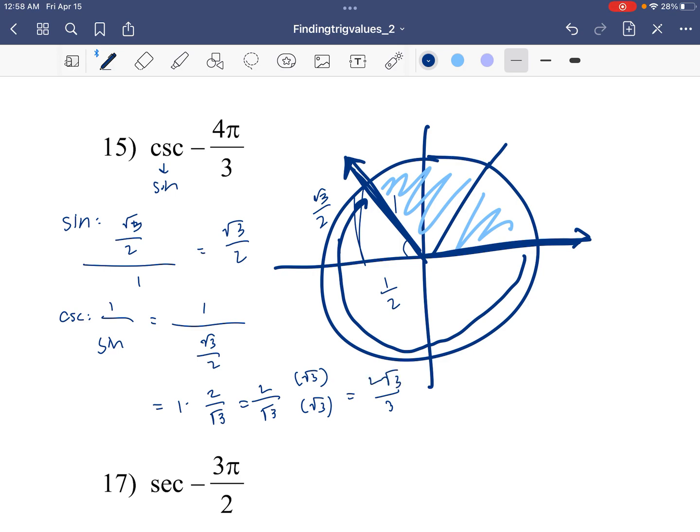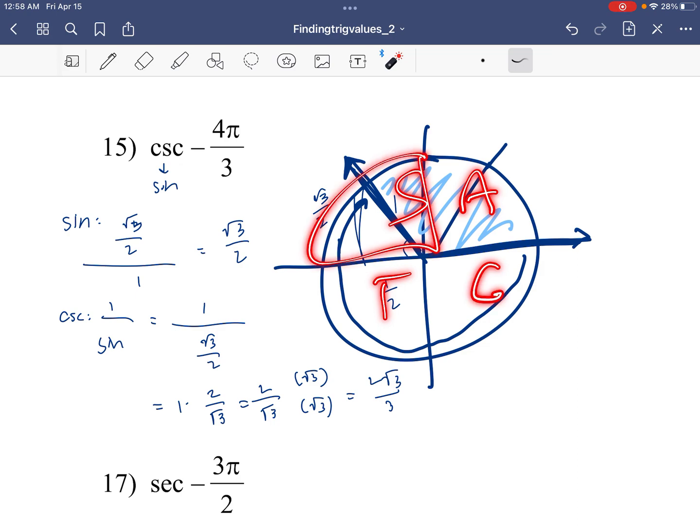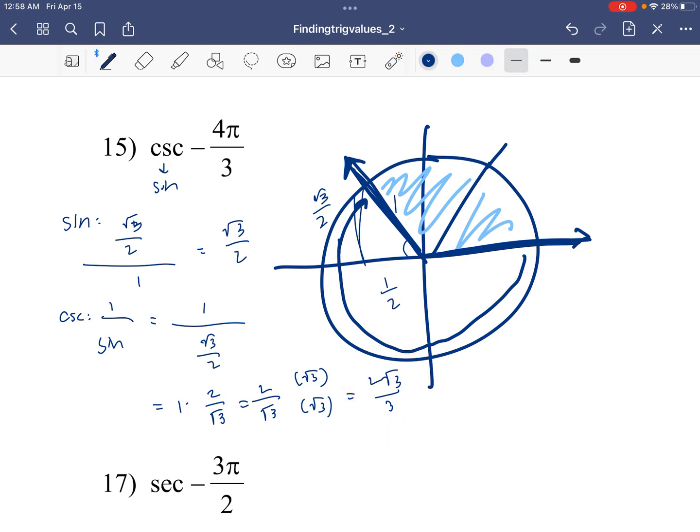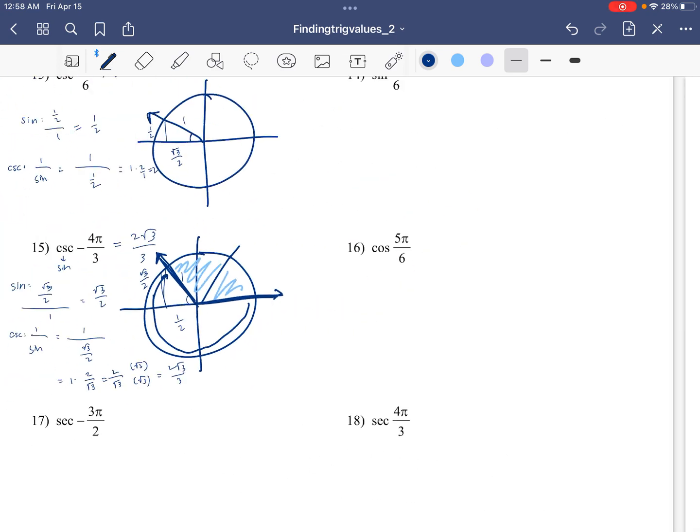And you're left with this, and all students take calc, and you're in this quadrant, which means sine is positive, which also means its reciprocal is positive. So this is the answer, and that is positive. Cool.